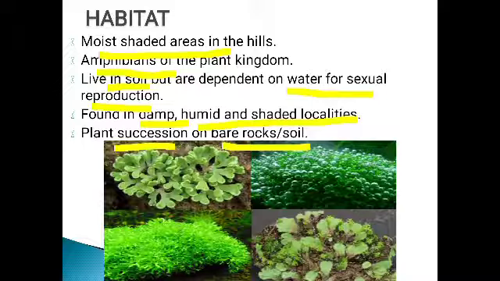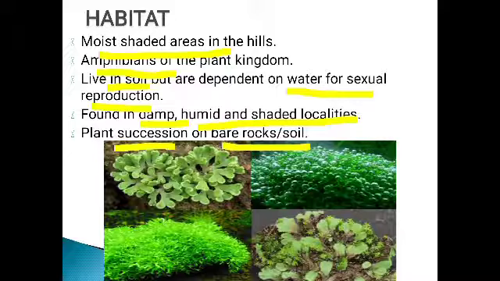In a bare rock, where no plants or animals are there, what will happen? First, lichens will grow. Lichens are a symbiotic association between fungi and algae. Algae here means cyanobacteria, or blue-green algae.